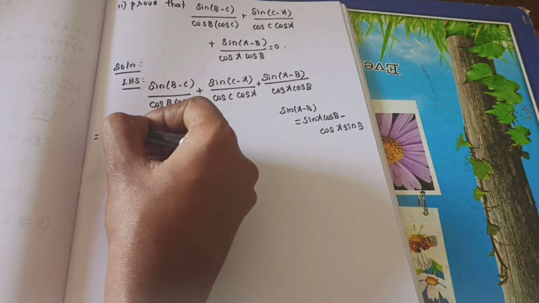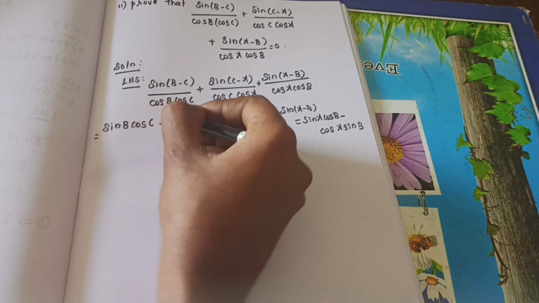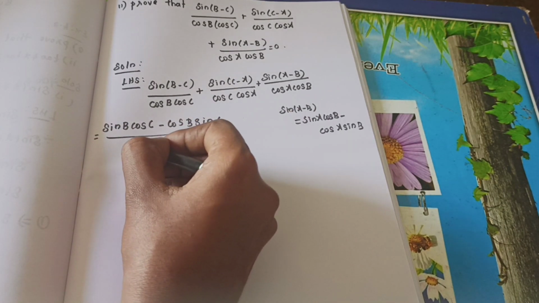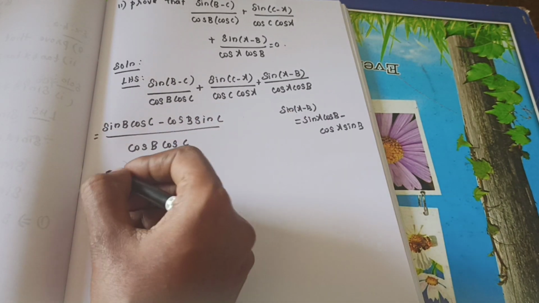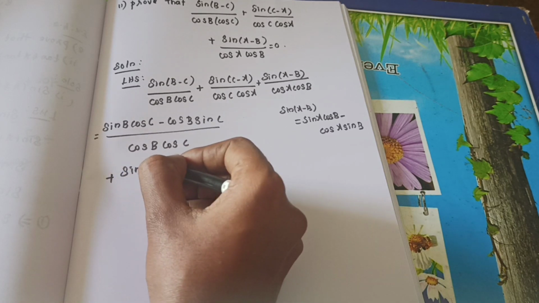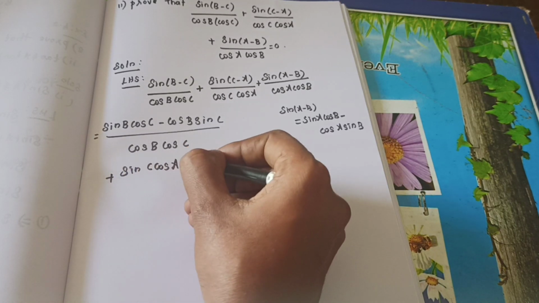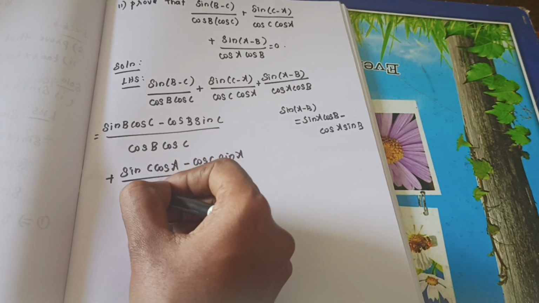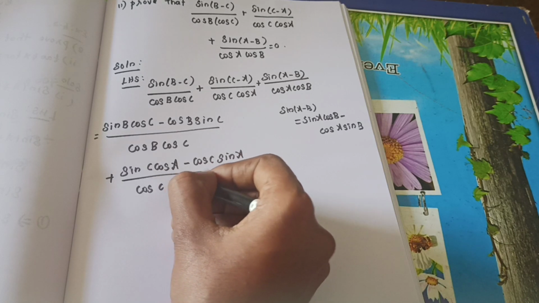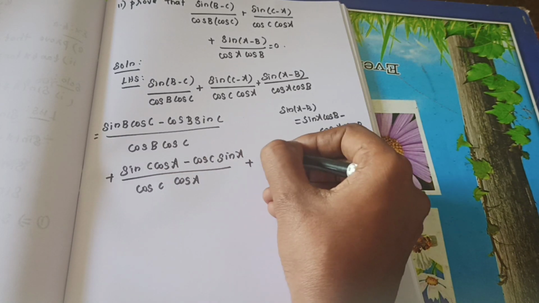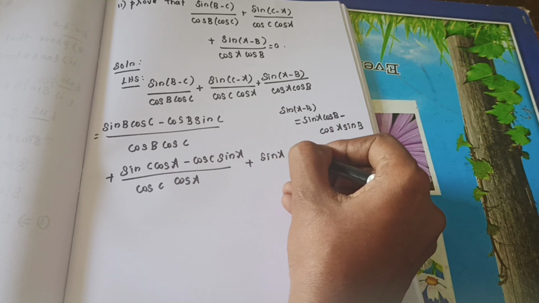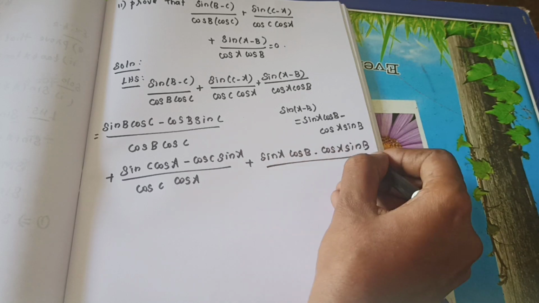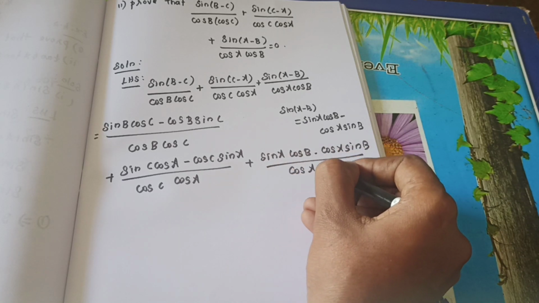Carefully: sin B cos C minus cos B sin C divided by cos B cos C, plus sin C cos A minus cos C sin A divided by cos C cos A, plus sin A cos B minus cos A sin B divided by cos A cos B.